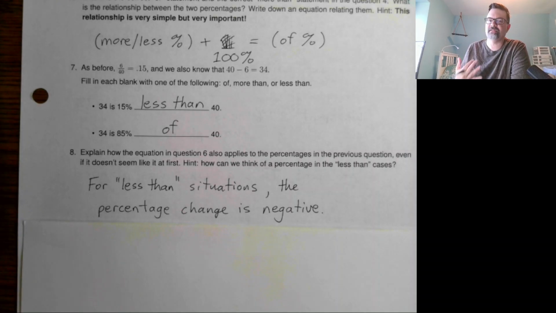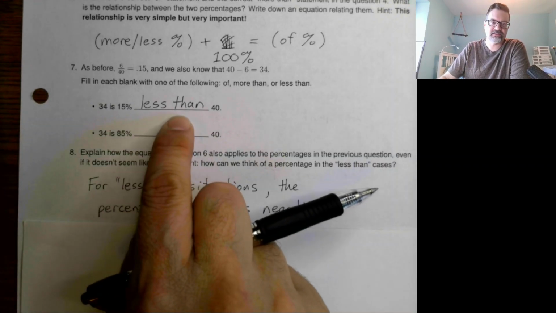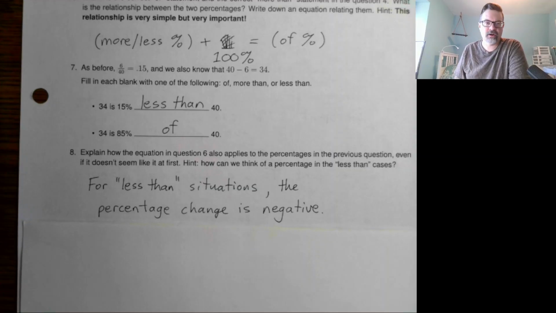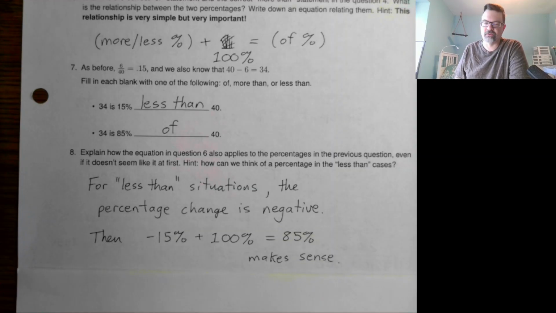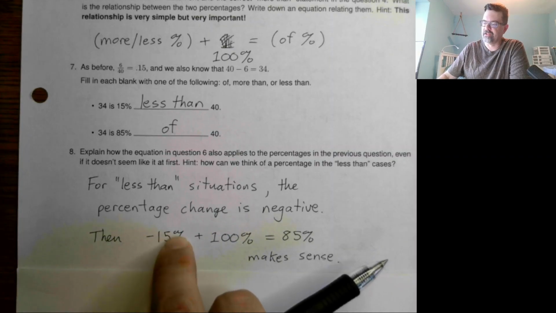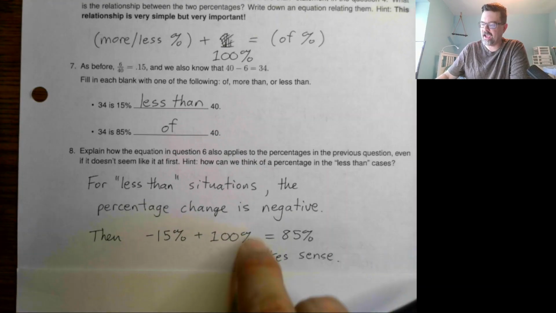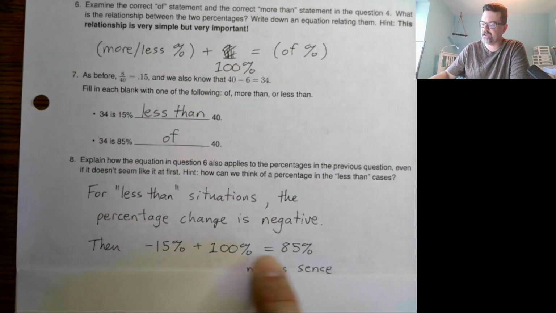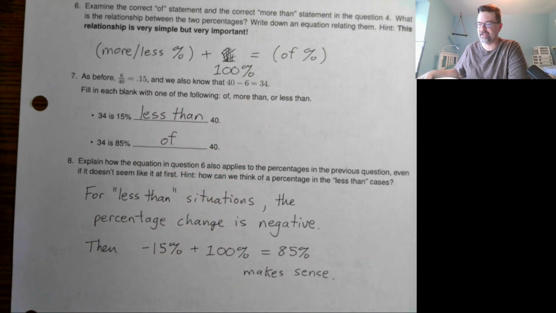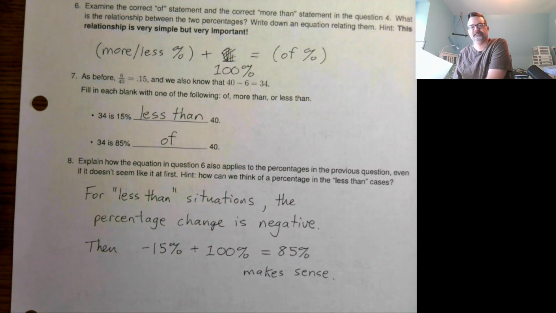We just don't state the negative when we state the sentences. We use words like less than. So here, if we think of the less than percentage as minus 15%, when we add the 100%, just like that, we get 85%, and that all ends up making sense then.